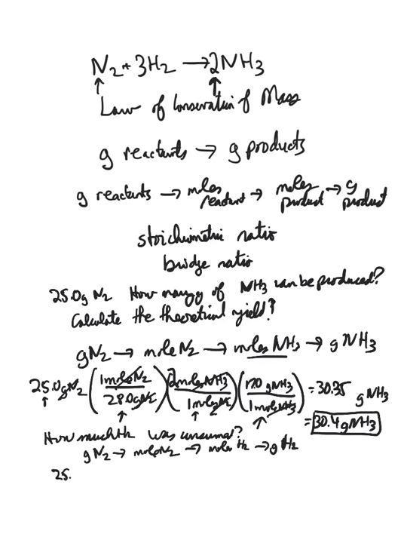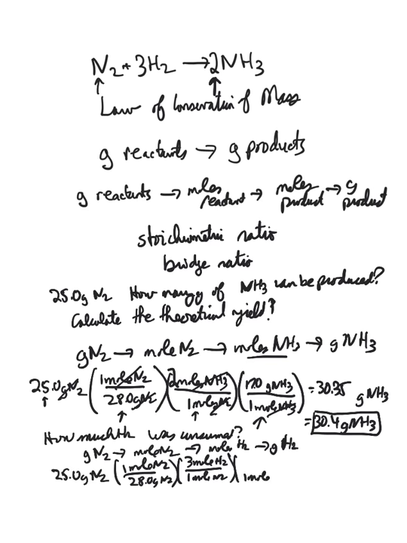And so 25.0 grams of nitrogen. 1 mole of nitrogen is the same as 28.0 grams of nitrogen. Then I'm going to use my stoichiometric ratio that says that 3 moles of H2 is consumed every time 1 mole of N2 is consumed.